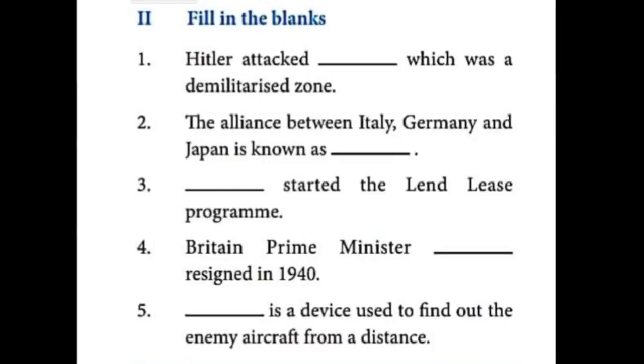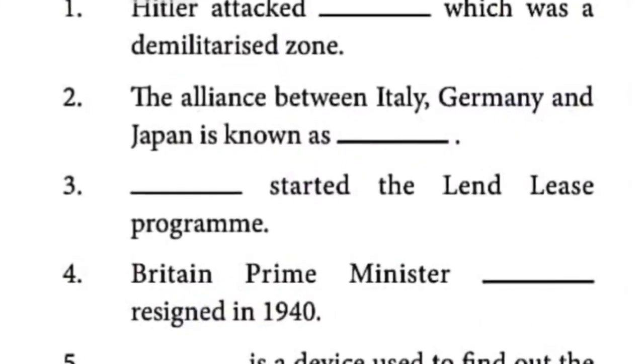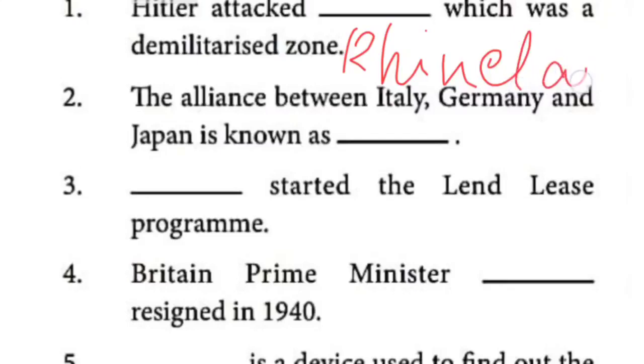Rhineland. The first answer I am telling. R-H-I-N-E-L-A-N-D, Rhineland. The next one, Rome-Berlin-Tokyo Axis.